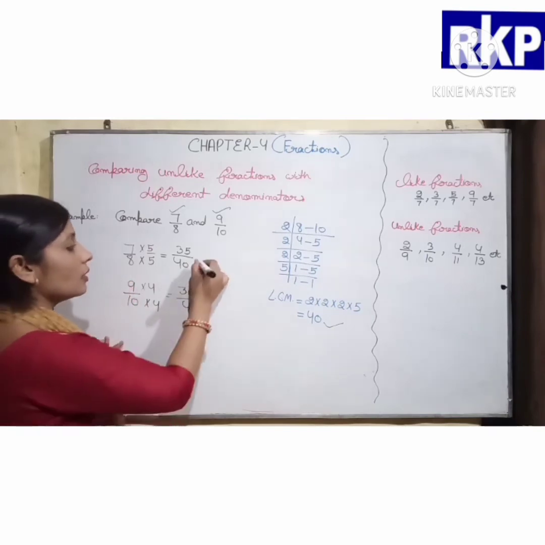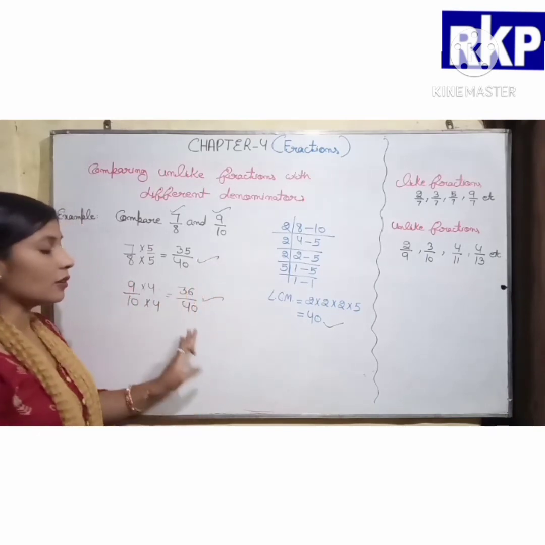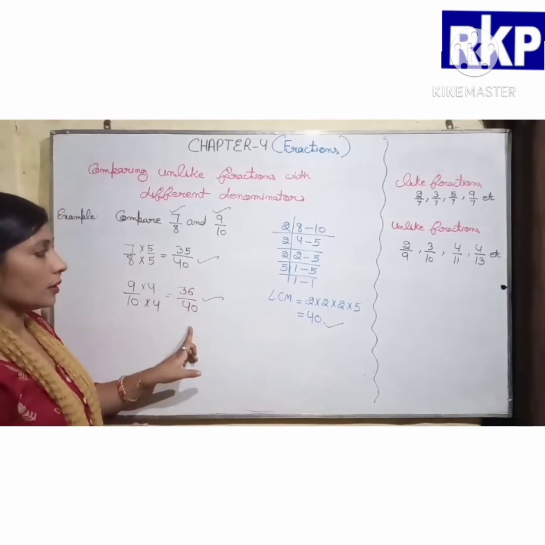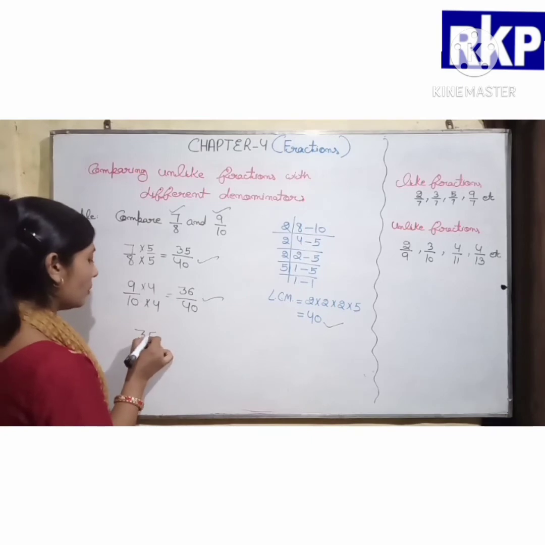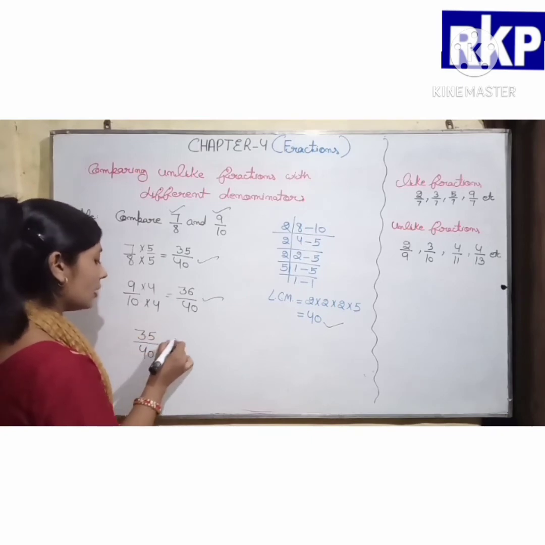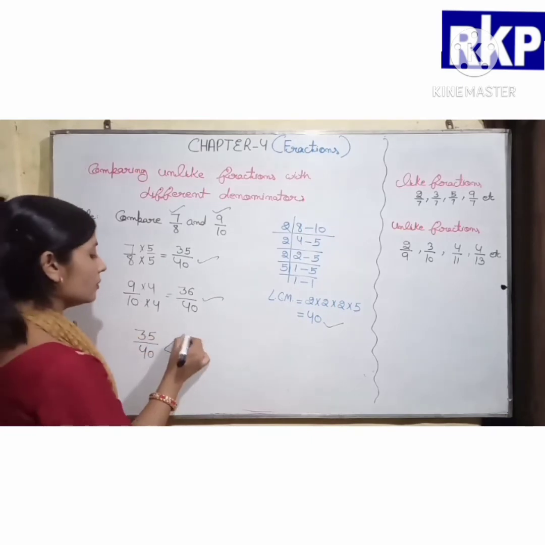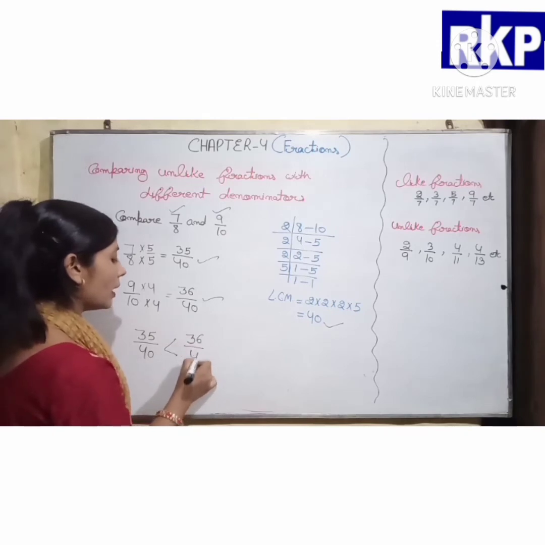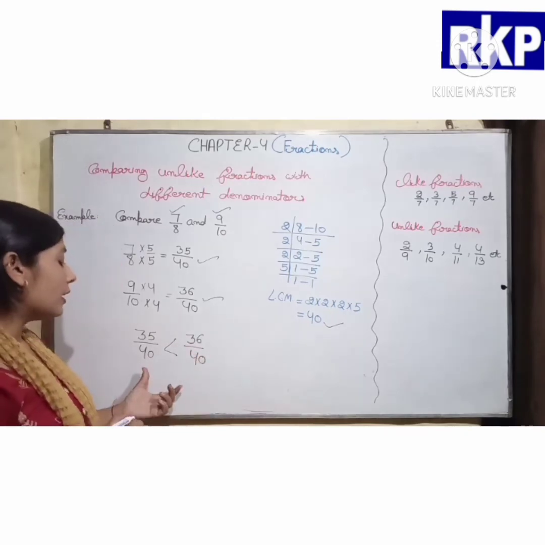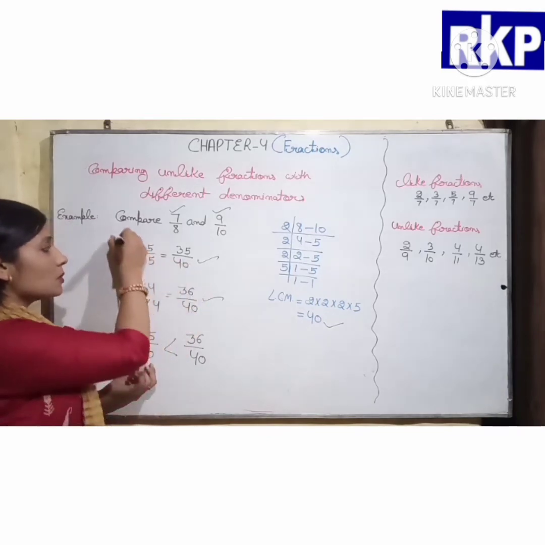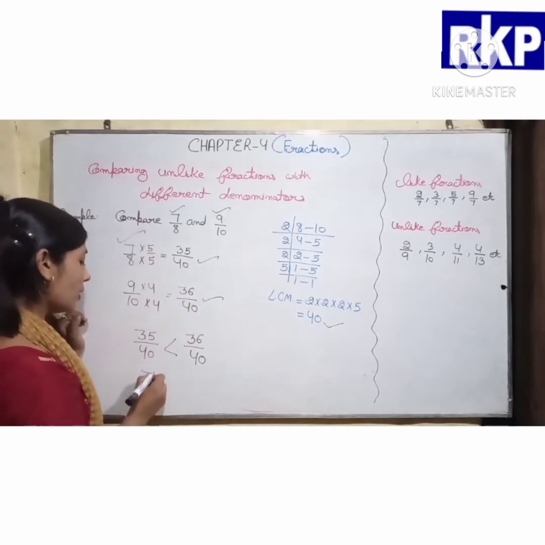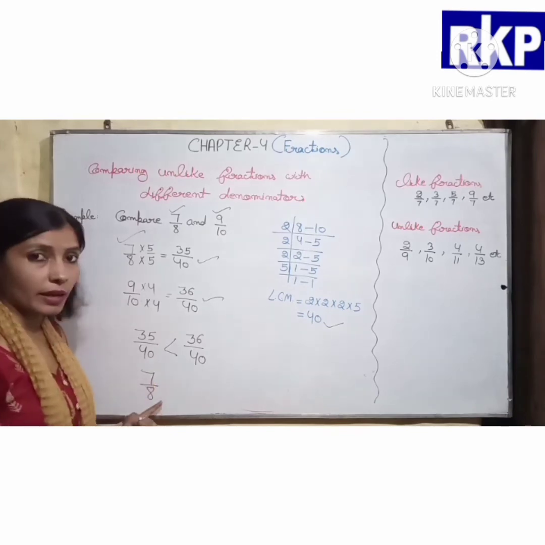Here you can see these both are like fractions. So beta, you can see 35 by 40 is smaller than 36 by 40. And you know 35 by 40 is an equivalent fraction of 7 by 8, so here you have to write 7 by 8.